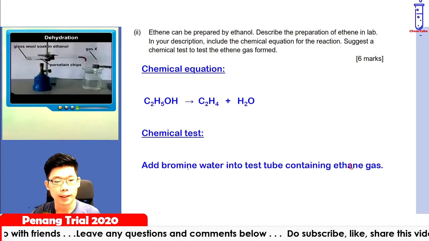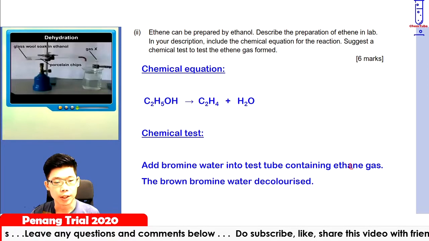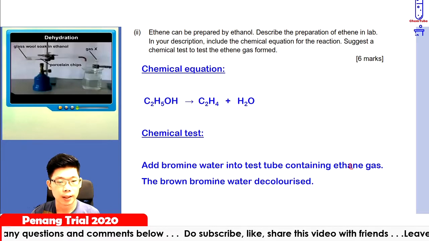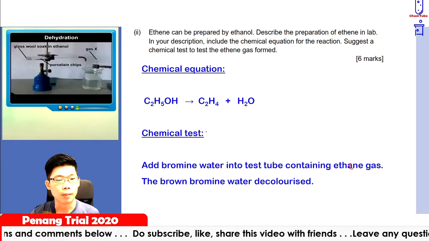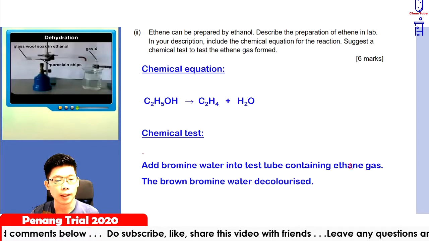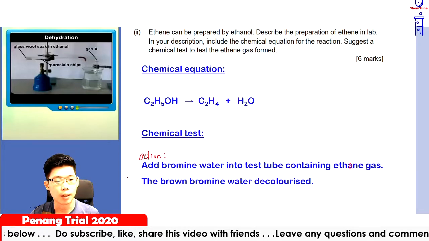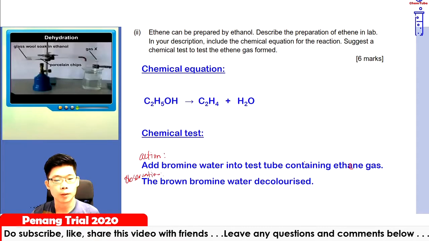Then what is the observation? This is the action you do, and then the observation: the bromine water decolorizes. So whenever you do a chemical test, remember you need to include the action taken and then the observation. Normally it's 2 marks.